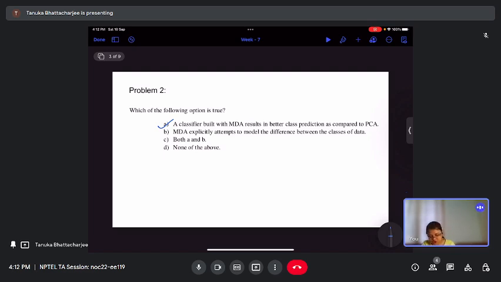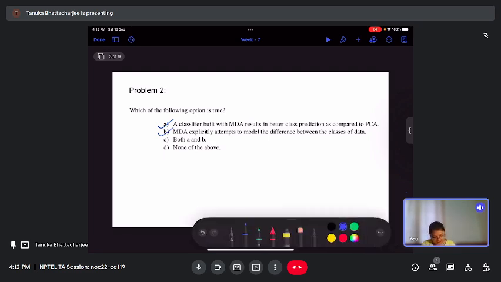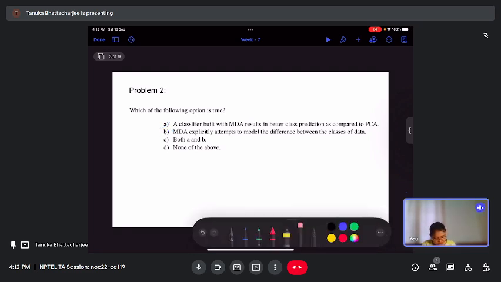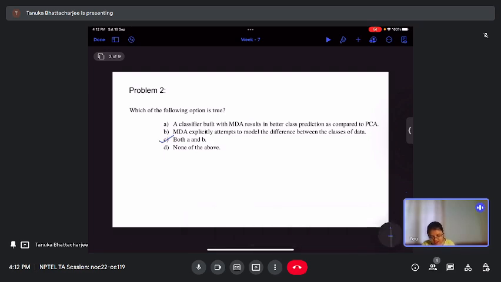So, this option is also true. Then the third option, both A and B, will be the correct option for this question. So, when you build a classifier with MDA, that is better for classification than a classifier with PCA, and MDA by itself tries to model the difference between the classes.